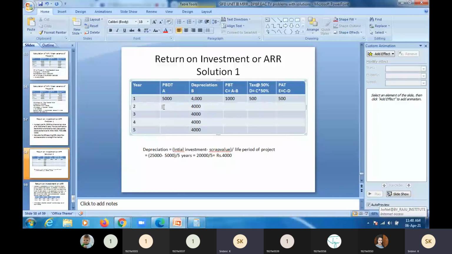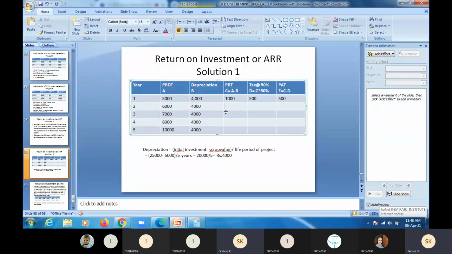So in the same manner, you have calculated for all the years. Second year it is 6,000. Third year the cash inflow is 7,000. Fourth year it is given 8,000. While taking the values, you must be very careful how much the cash was given. Okay.